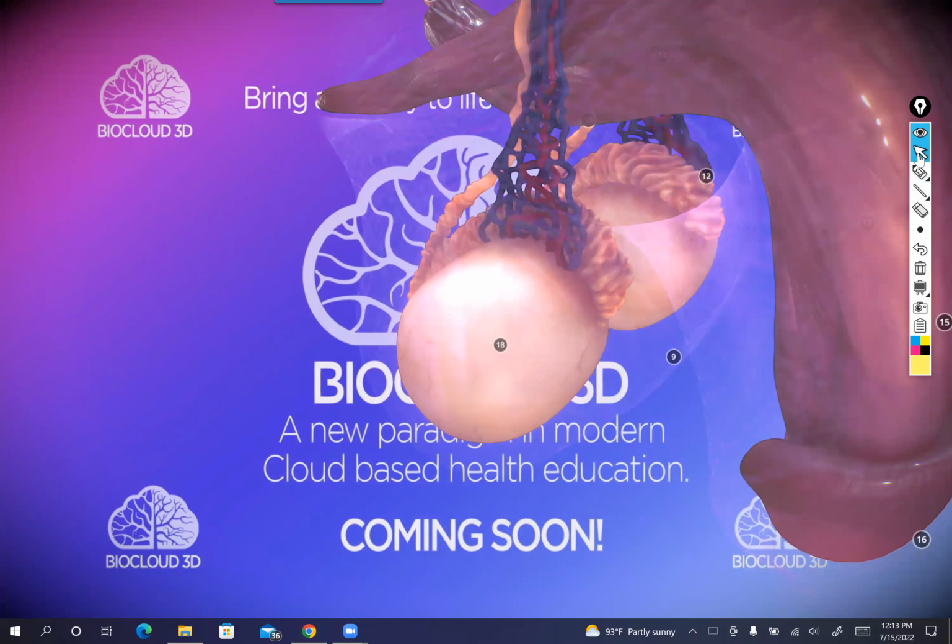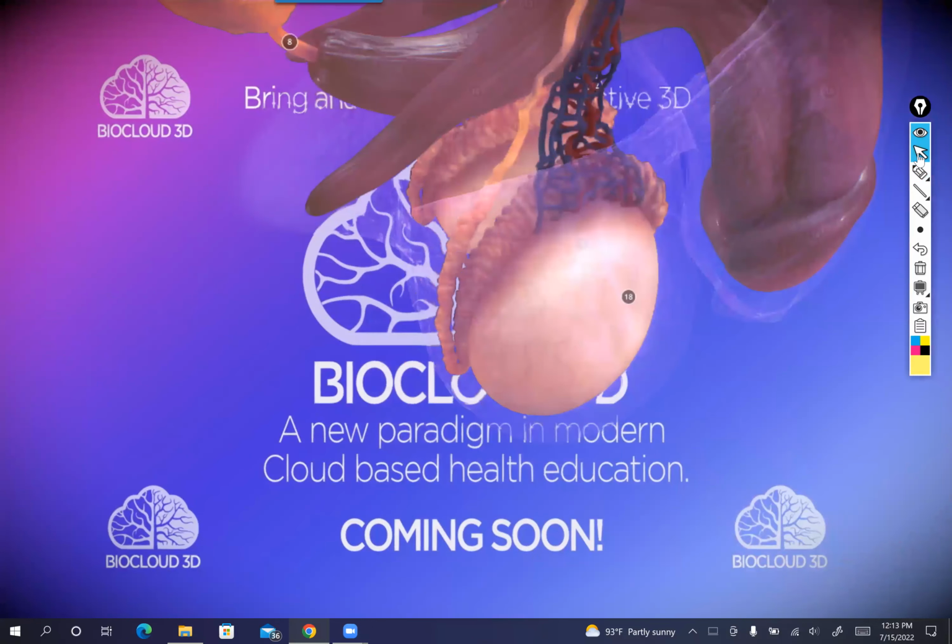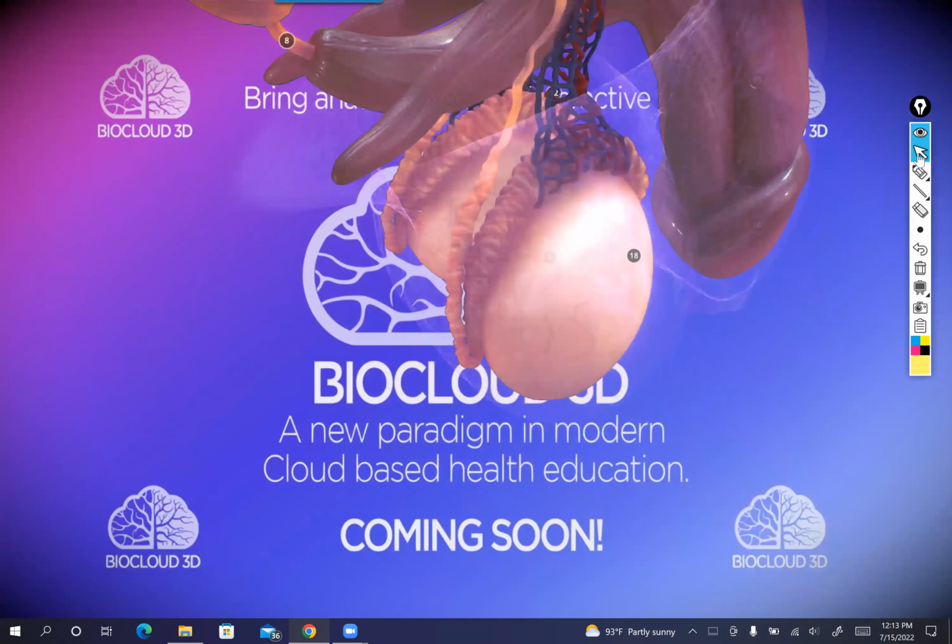And then turning further, let's do a slightly inferior view. You can see that it descends downward and then it makes a sharp turn. And that is actually the dividing line between the epididymis and the vas deferens.